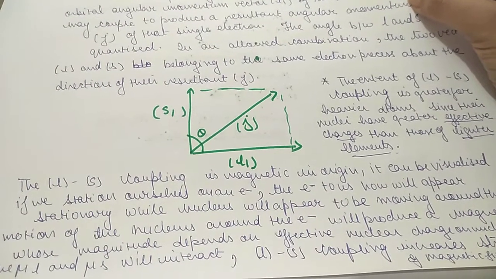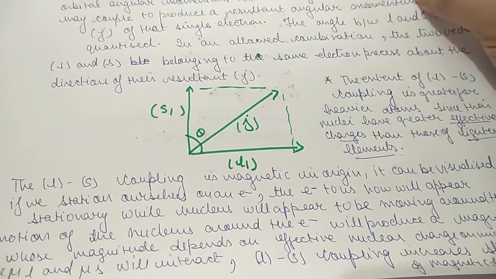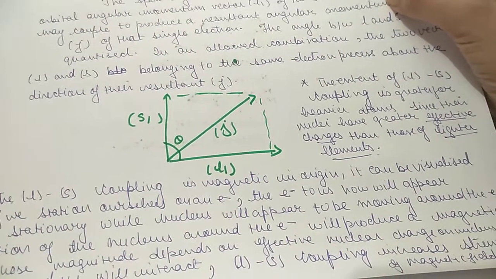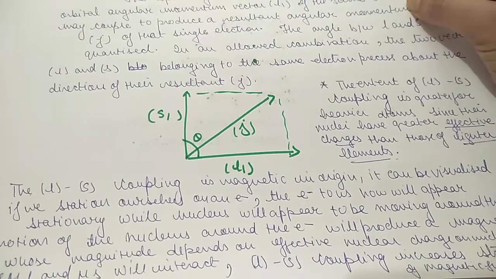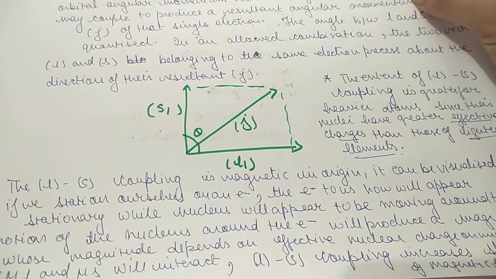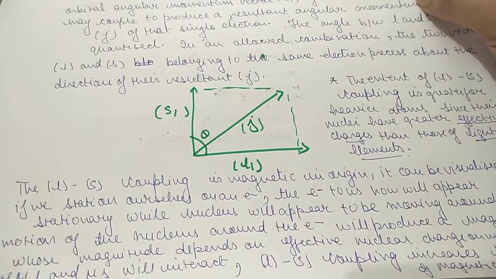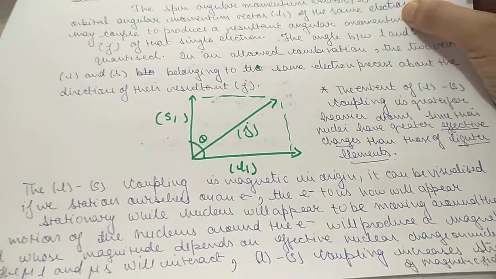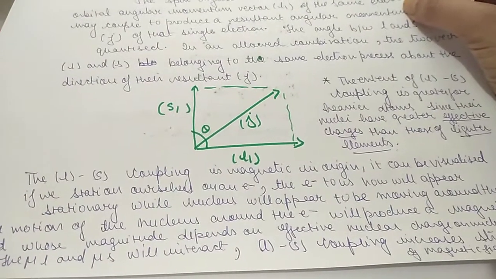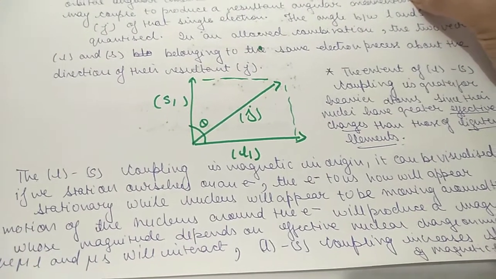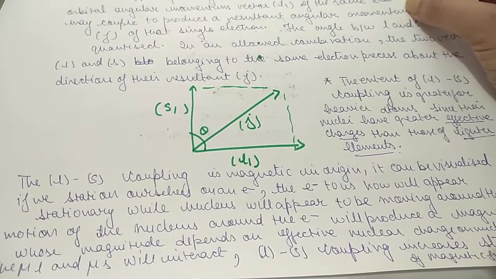Since the motion of the nucleus is around the electron, a magnetic field will be generated, and its magnitude will depend on what the effective nuclear charge on the nucleus is. And two types of magnetic moments will arise, mu L and mu S, orbital and spin, and they will interact with each other.